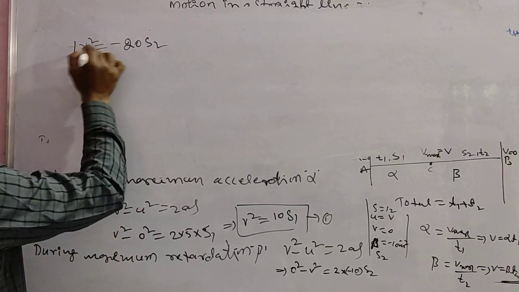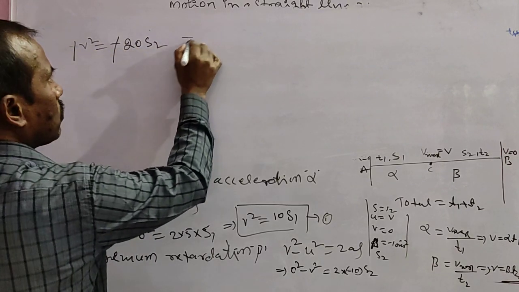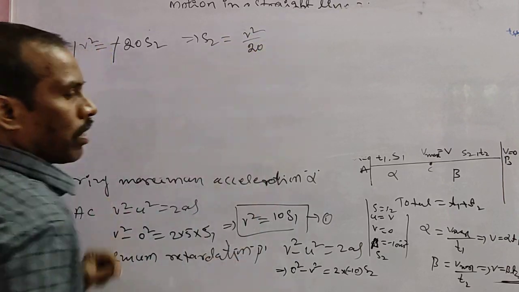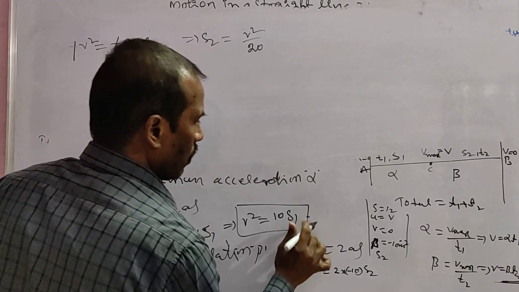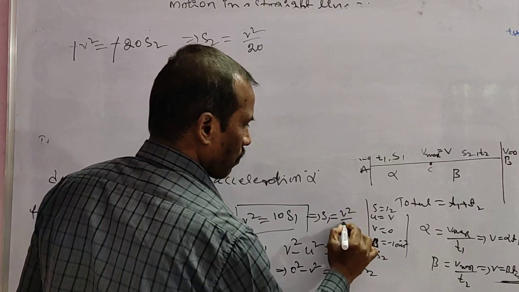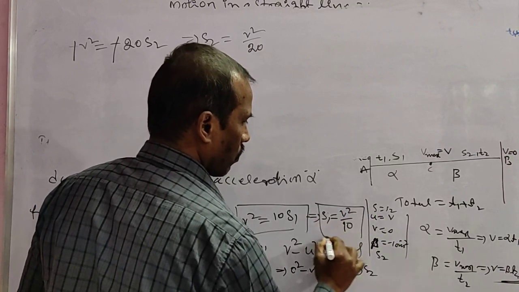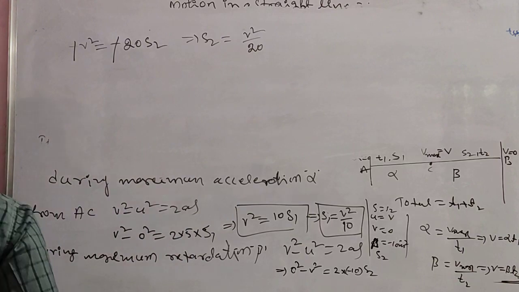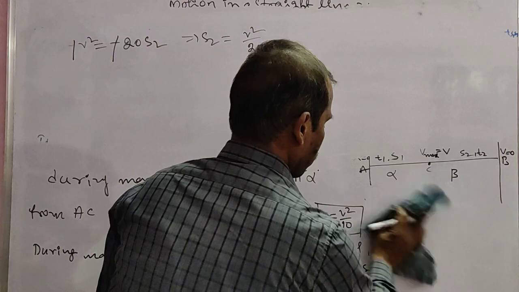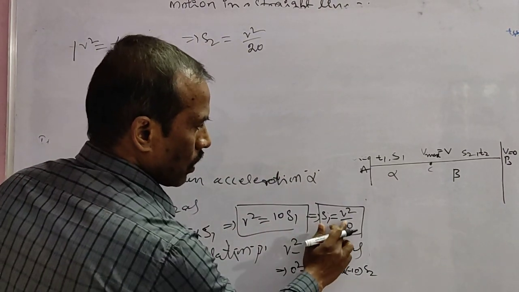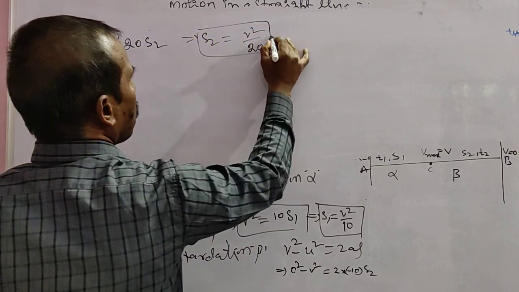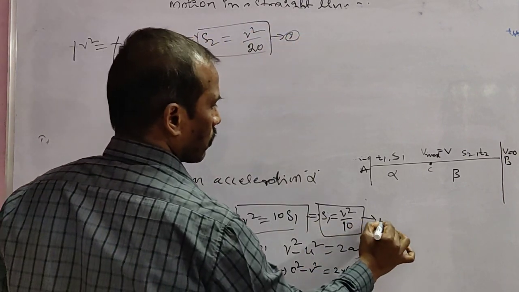So the minus cancels, and S2 is equal to V square by 20. S1 is equal to V square by 10. These are the formulas. S1 is equal to V square by 10, this is equation 1, and S2 is equal to V square by 20, this is equation 2.